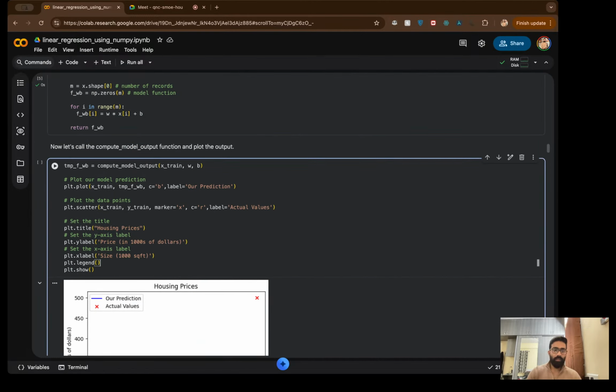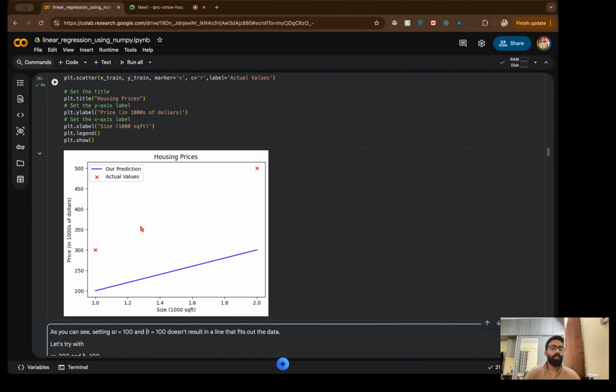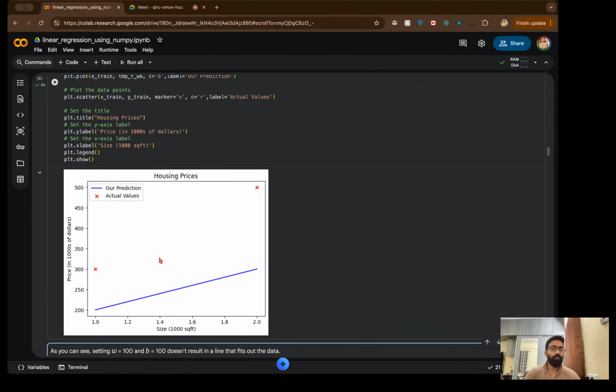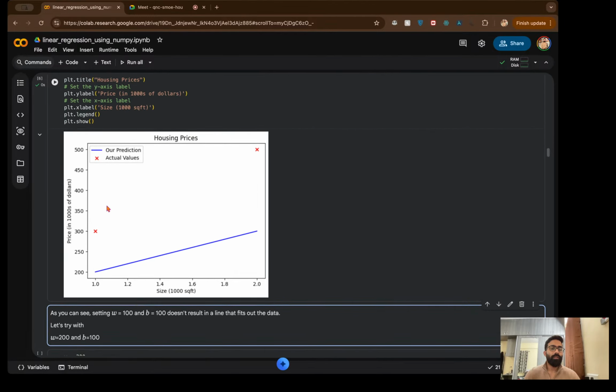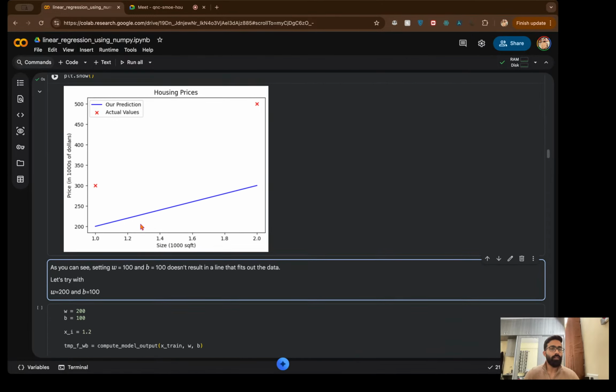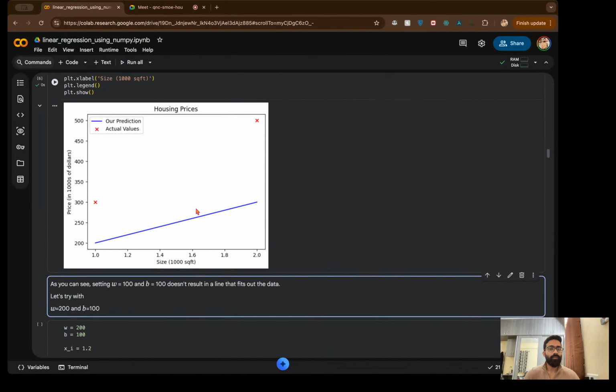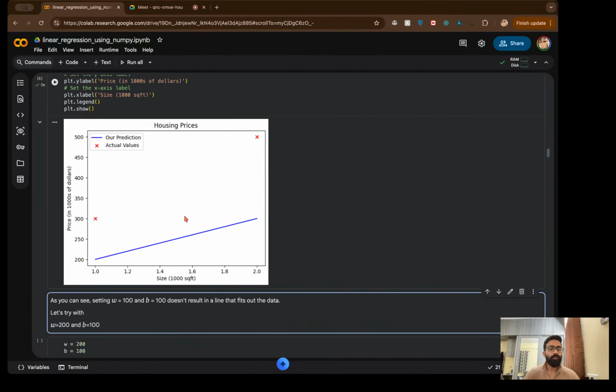Now let's compute this model. Now I have plotted this model on this graph. If you see, the model is inaccurate. Can you spot why it is inaccurate, Simran? Why is the model inaccurate here? Because of the straight line, but it's the outliers I'm looking at.